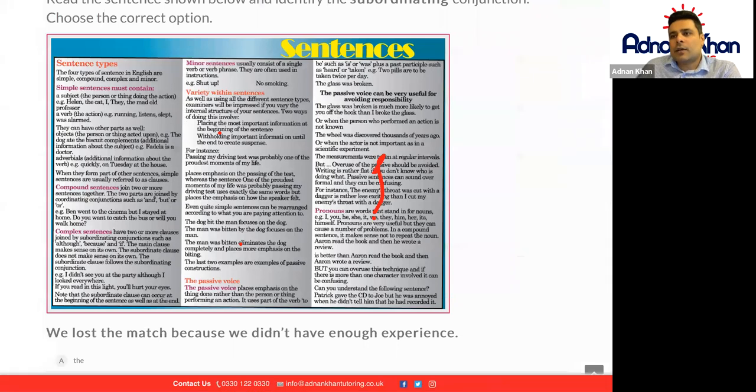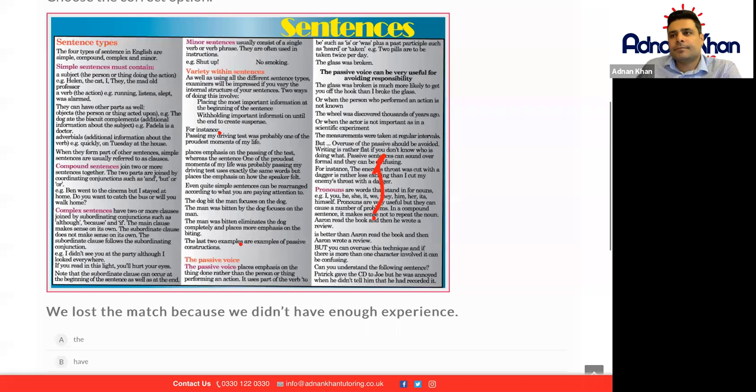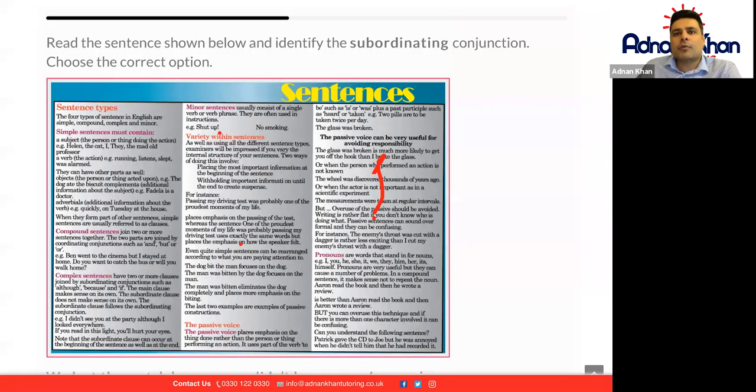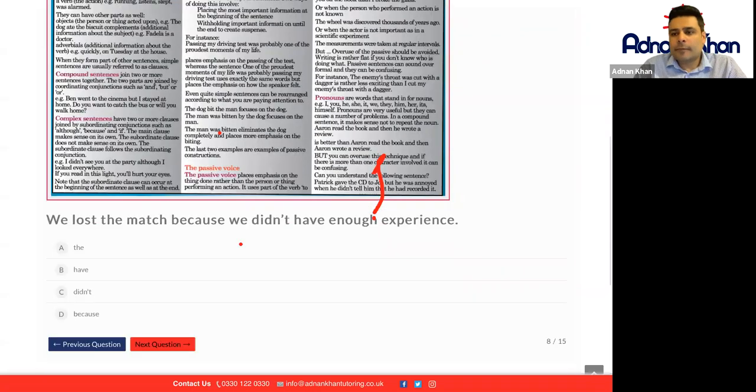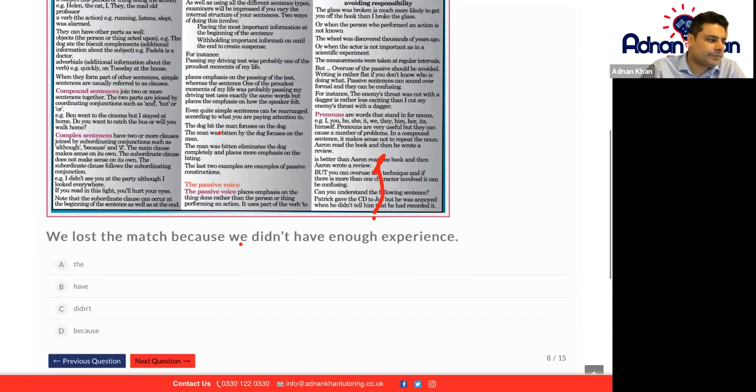And let's go to Amir for the next one. Hi, Amir. Hello. Hi there. So read the sentence shown below and identify the subordinating conjunction again. What are conjunctions, Amir? A word that connects two sentences together. Well done. Have a look at this.